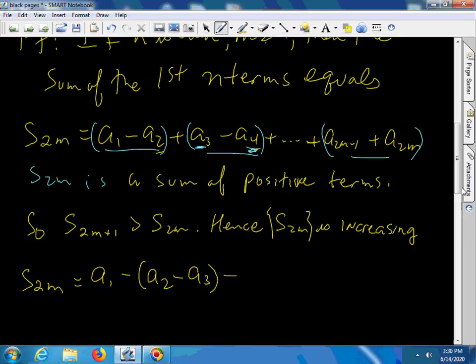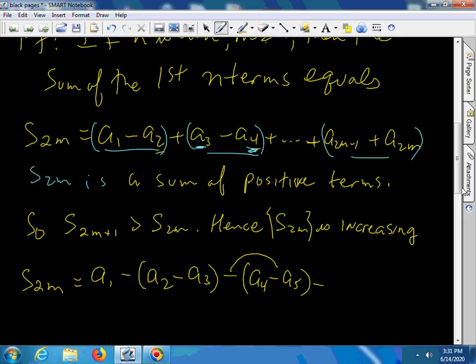And then I'm supposed to take away a4, which I'm doing, but add back a5, which is what I'm doing, if I write negative a5, because the negative distributes and you get plus a5.